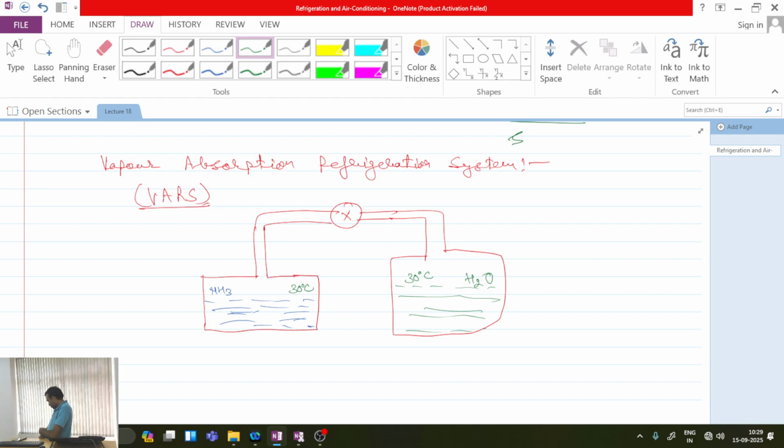Now out of ammonia and water, which one is having higher boiling point at atmospheric pressure? Water. Okay, water is having higher boiling point at atmospheric pressure.